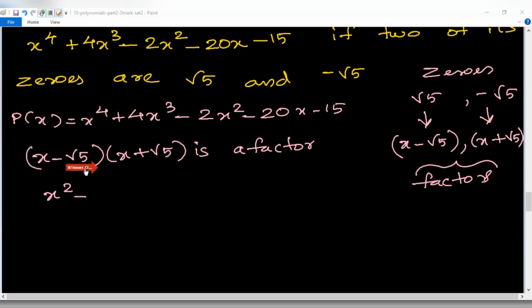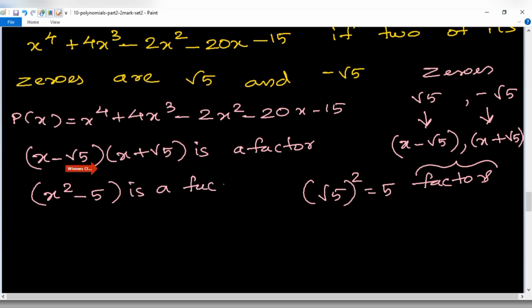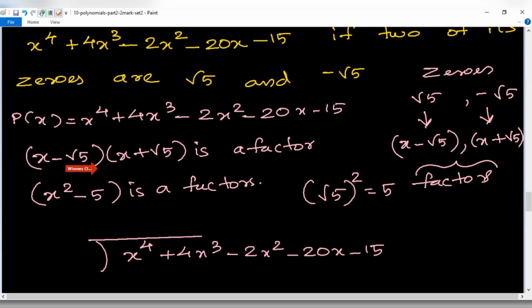So root 5, the whole square, is actually 5. So we can write x square minus 5 is a factor of this given polynomial. Now we can divide x raised to 4 plus 4x cube minus 2x square minus 20x minus 15 by x square minus 5.